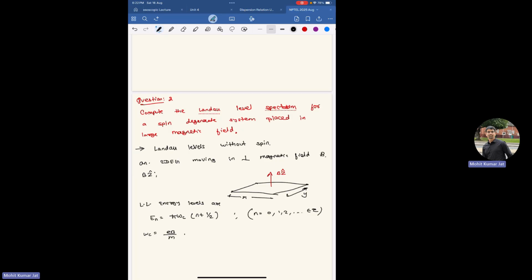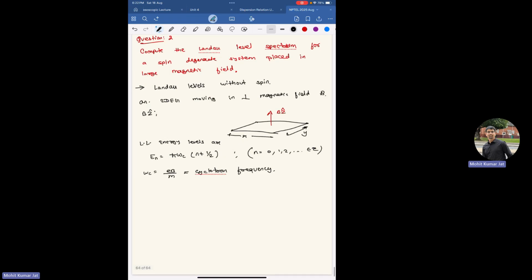It's the cyclotron frequency. And each Landau level is highly degenerate, as we have discussed, proportional to the flux through the sample, that is eB by h per unit area. So the degeneracy is phi by phi naught.